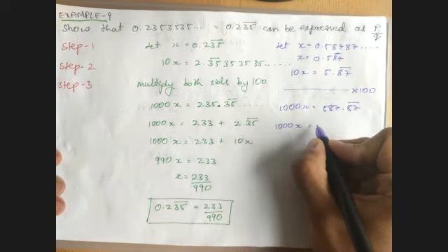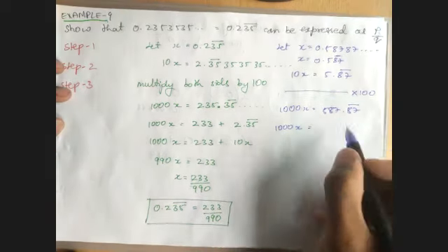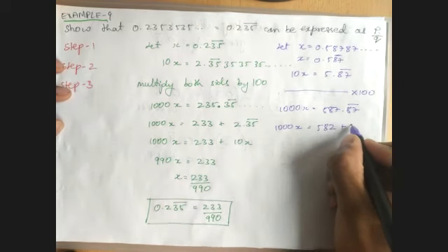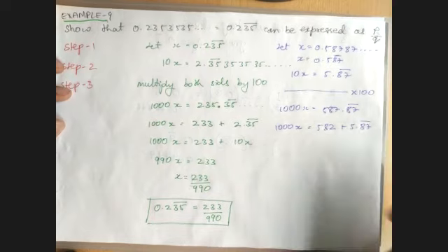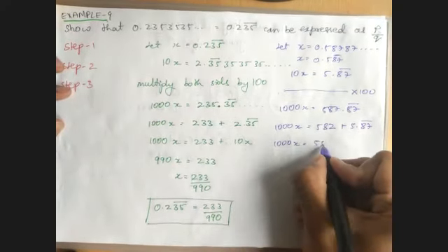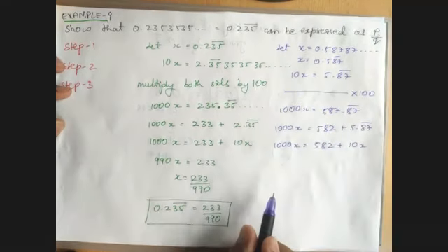So I can write this as 1000x is equal to, when I subtract this minus this, I get 582 plus 5.87 recurring. So this is nothing but 1000x is equal to 582 plus 10x. This is nothing but 10x, right?